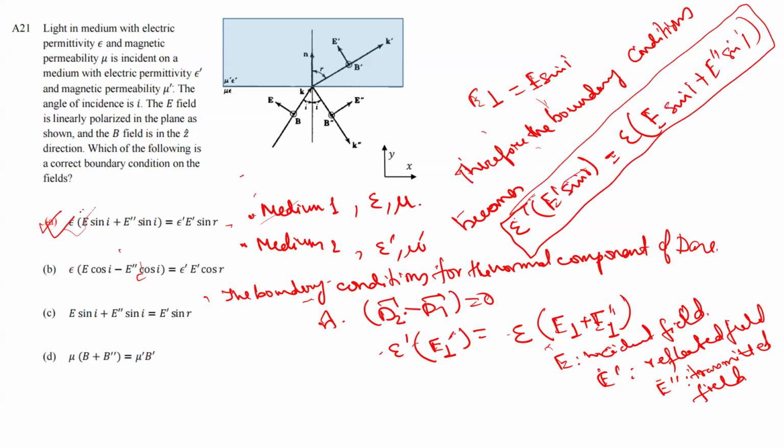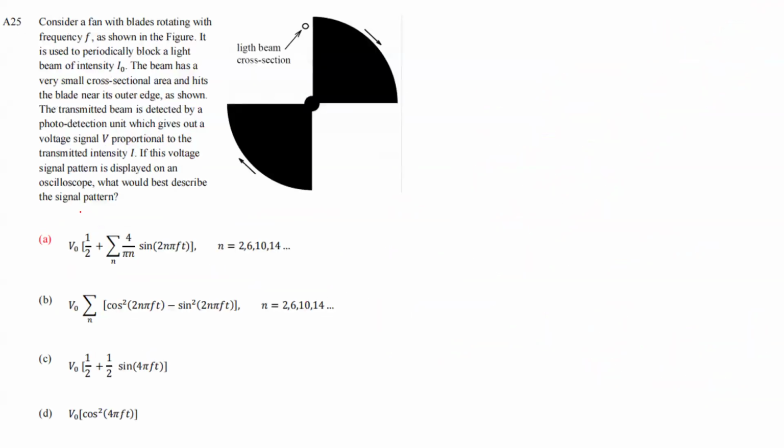So next we move to the other problem. Consider a fan with blades rotating with frequency f as shown in the figure. It is used to periodically block a light beam of intensity I naught. The beam has a very small cross-section area and hits the blade near its outer edge.